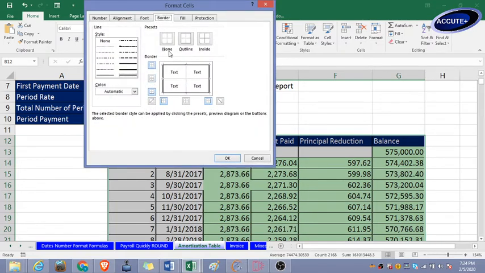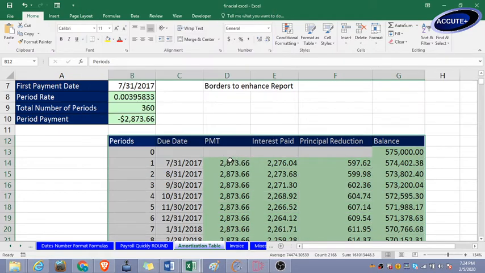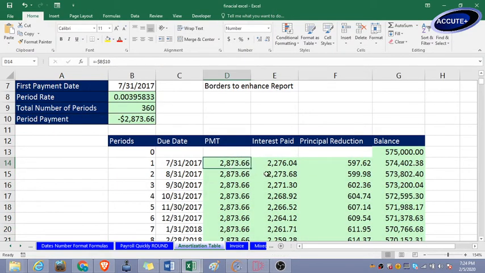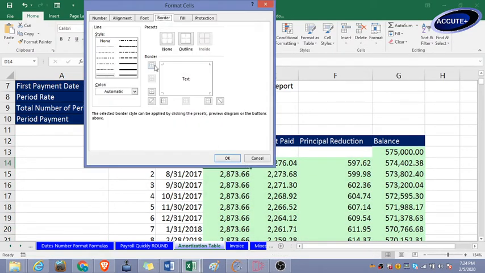If you want none you can remove. Let me do that again. Okay, Control 1. I want, on the outline, I don't want the lines, but on the inside.